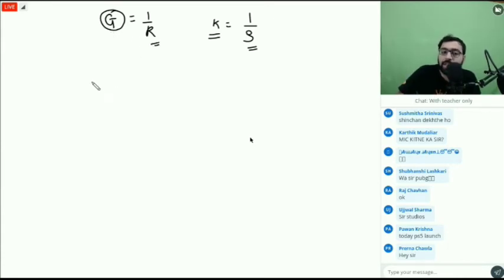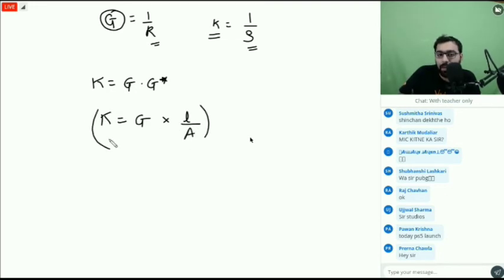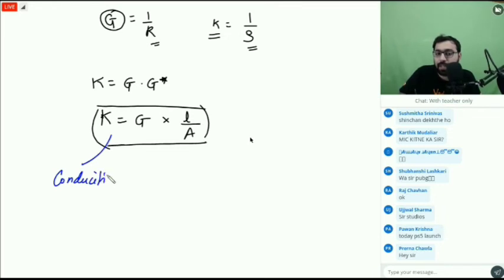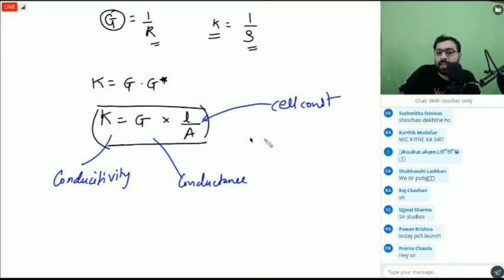Then there was one formula, kappa is equal to G into G star, where G is conductance and G star is called cell constant, that is L by A. Kappa is conductivity, G is conductance, and L by A is called cell constant. This we studied in the last class.